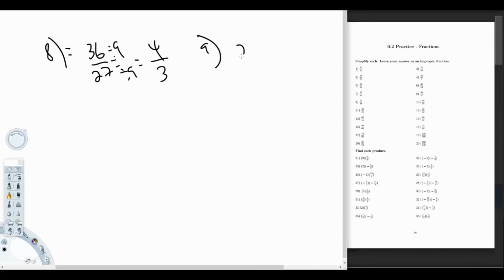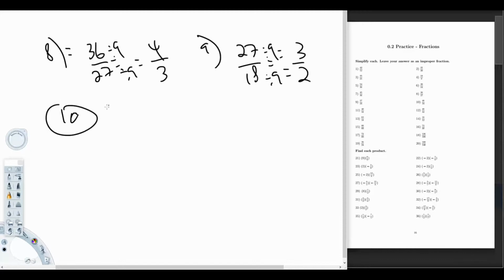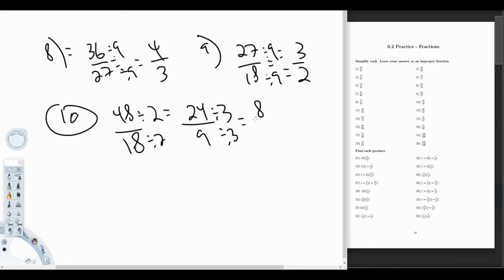Number 9 now, 27 over 18 equals, if you divide by 9, 3 over 2. Number 10 now, 48 over 18. That one isn't evident to me. So we're going to divide by 2 since they're even numbers. That's a good strategy. 24 over 9. Divide this by 3, so that would be 8 over 3. That will be your answer.